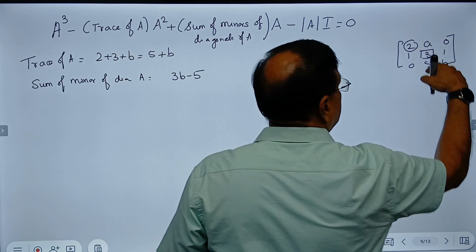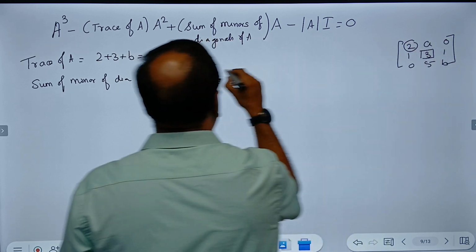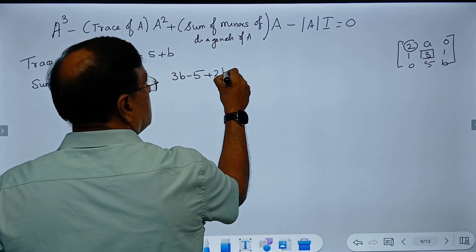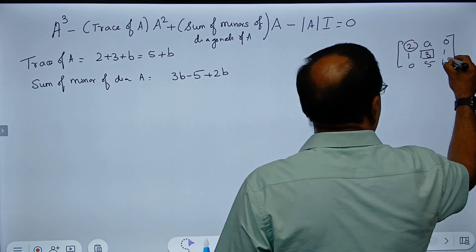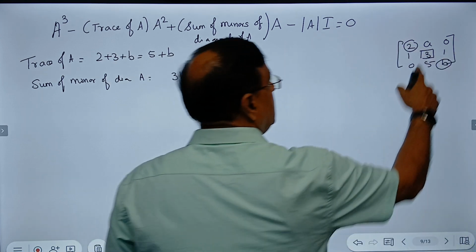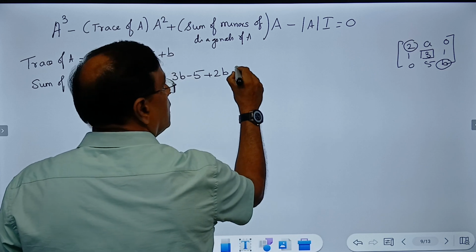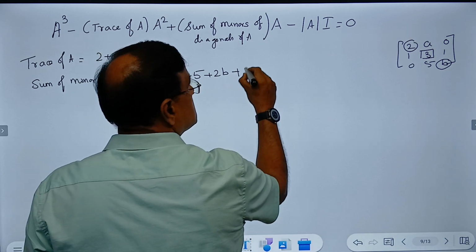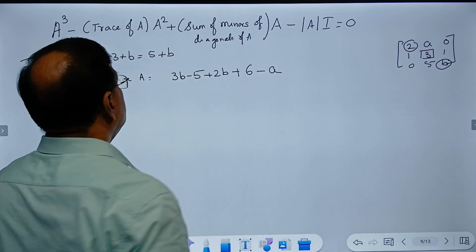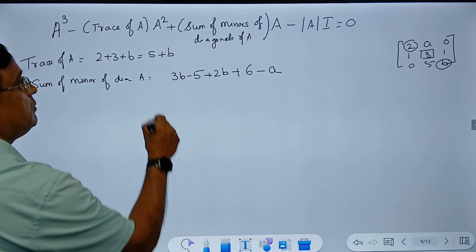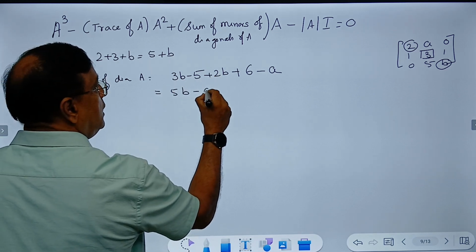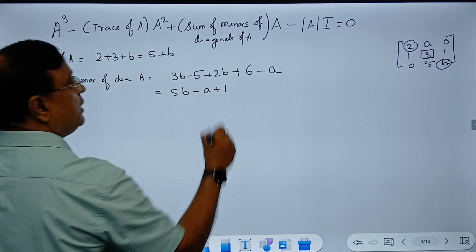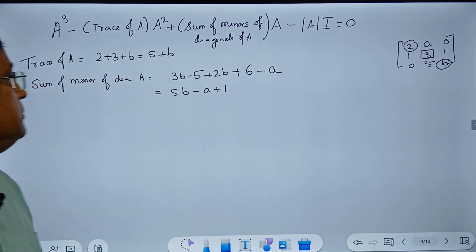Leave that row, leave that column, it will be 2b minus 0. So what is the minor of b? The minor of b will be 6 minus a. Sum of the minors, okay, so it will be 5b minus a plus 1.